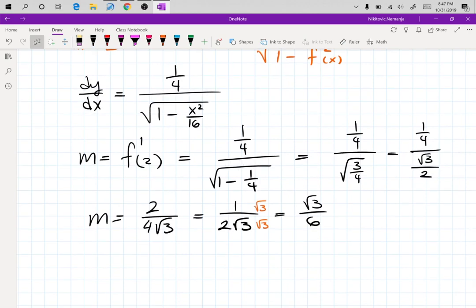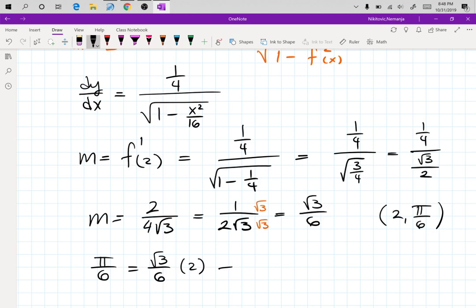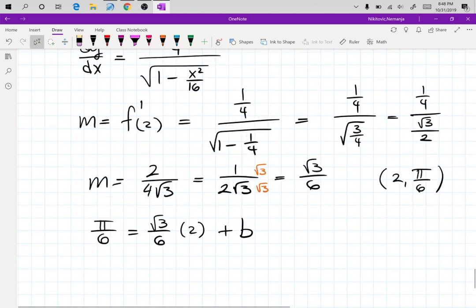So now what I'm going to do is I have my x and y, which are 2 and pi over 6, if I remember well. So y, which is pi over 6, is equal to m, root 3 over 6, times x, which is 2, plus b. I already have a common denominator of 6, so I'm not going to cancel.